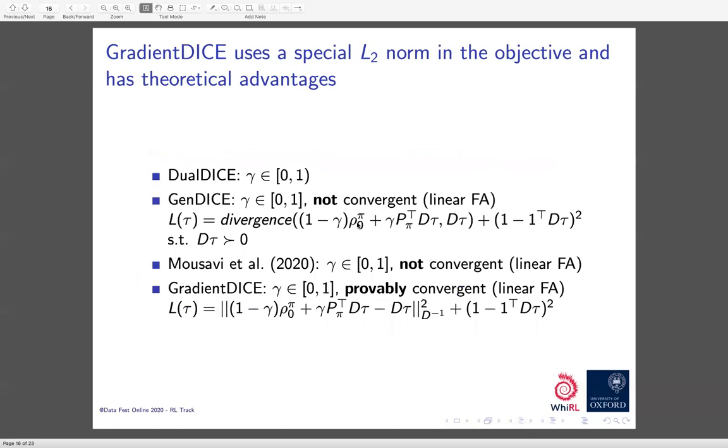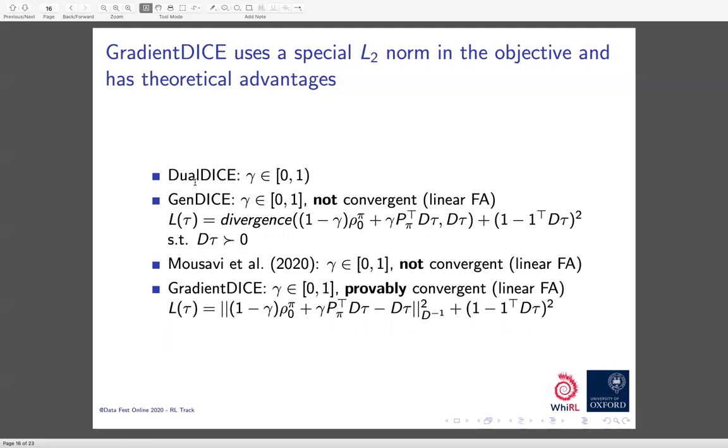The GradientDICE algorithm has many theoretical advantages over previous methods. For example, the earliest method, DualDICE, can only deal with the discounted setting where gamma needs to be smaller than 1. Then GenDICE extends DualDICE to the average reward setting, so it's compatible with both gamma smaller than 1 and gamma equal to 1. But the problem with GenDICE is that it's not convergent with linear function approximation, even with tabular representation.